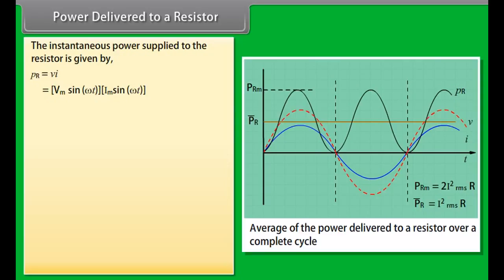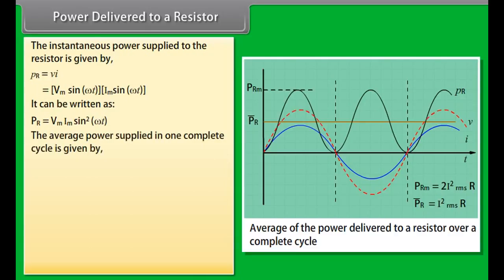We know that EV = E0/√2, or E0 = √2 EV. On putting the values in the equation, we get E0 = 311 volt.